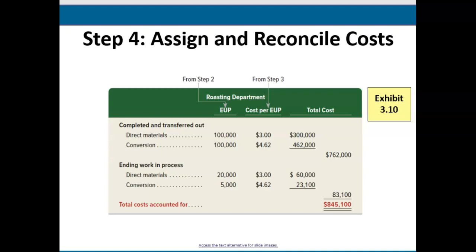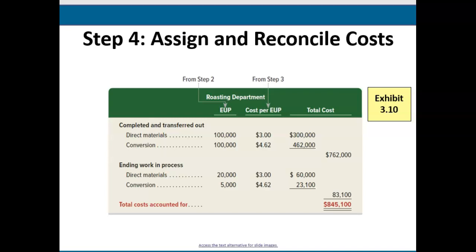So, the cost of units completed and transferred out. The 100,000 units completed and transferred out used 100,000 EUP of direct materials and 100,000 EUP of conversion.